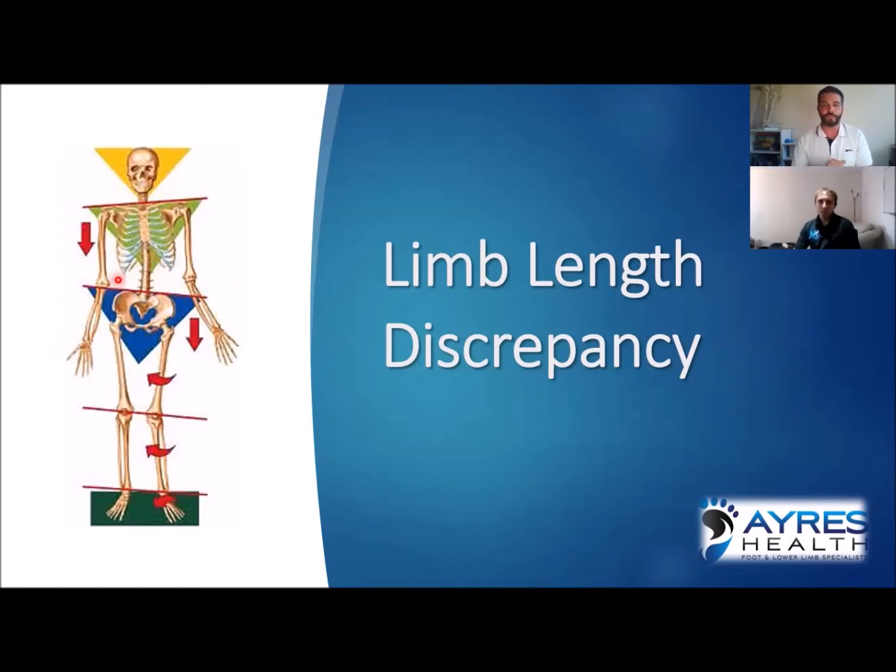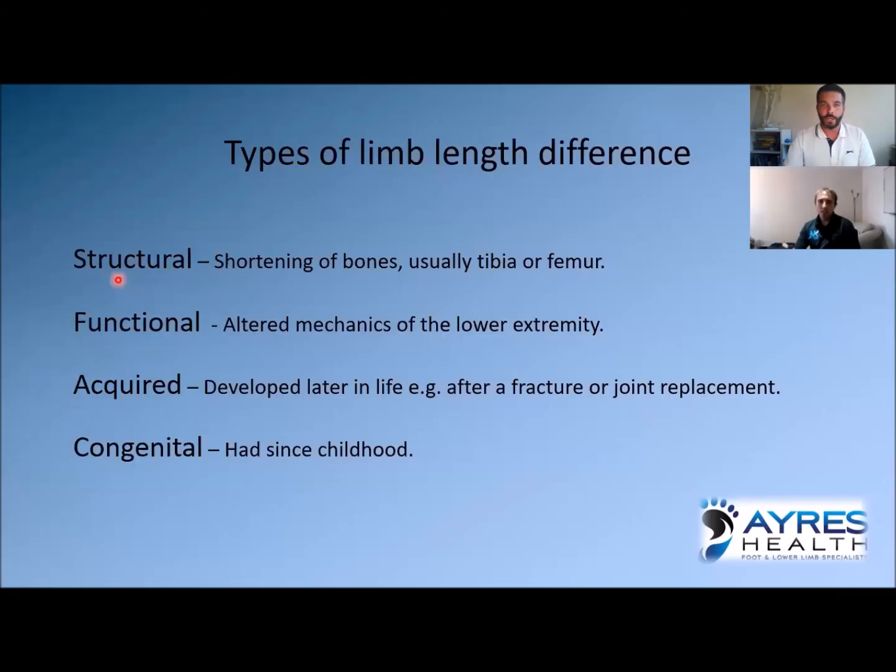But before we get started too much on that, I just want to go through some of the different types of limb lengths that we can have, because each different type is going to affect people differently with the way that they compensate for it. So the first type that we have is structural. This is where an actual bone is shorter on the left side or the right side compared to the other side.